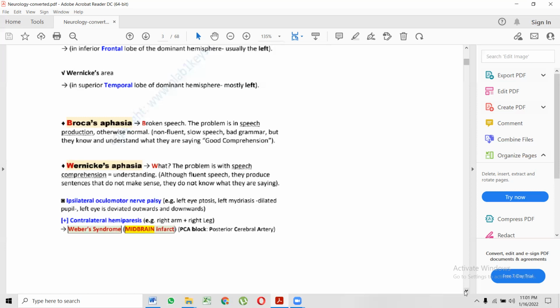All the sensory functions of the body, or all the sensations, are received in the parietal lobe. So the frontal lobe controls the movement of the body, and the parietal lobe receives sensations from all the body: touch sensation, temperature sensation, and pain sensation.